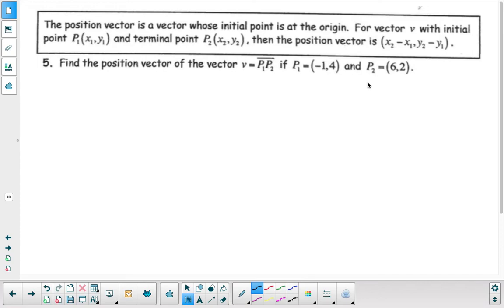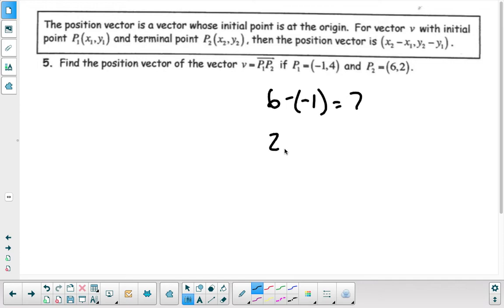To do this, you need to subtract, or you could put these on a graph and then figure out the distance, but it's very similar to a distance formula idea behind it, just figuring out each leg of that triangle. So following this set of directions, you're going to take x2, which is 6, subtract x1, and that should give you 7.